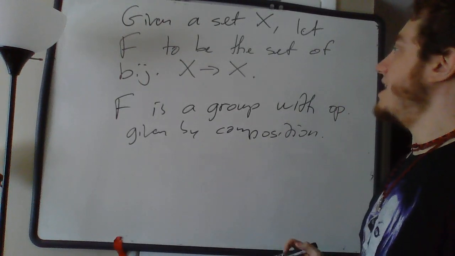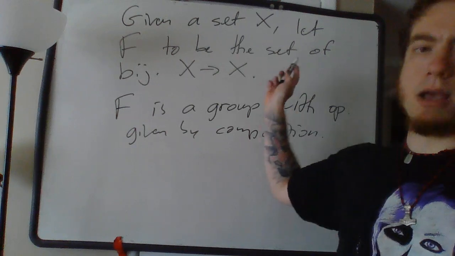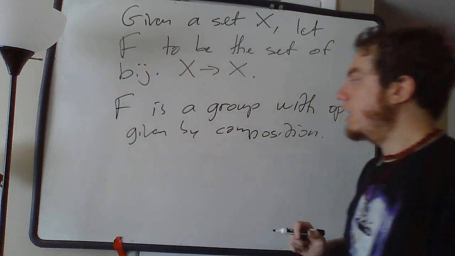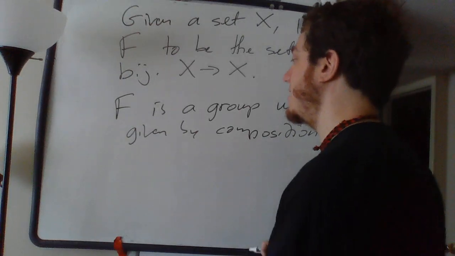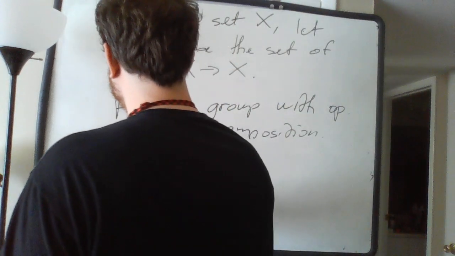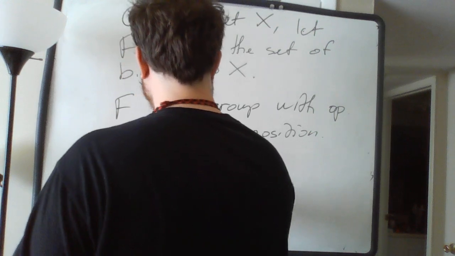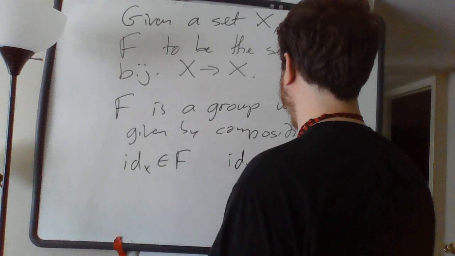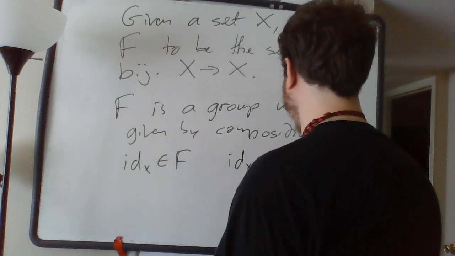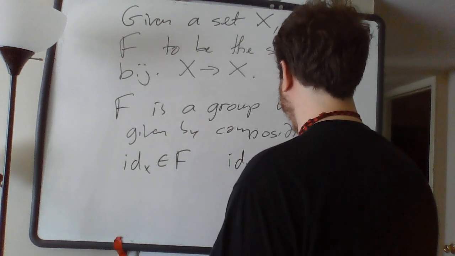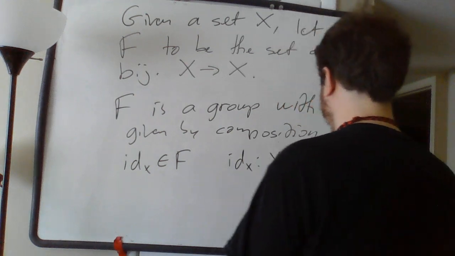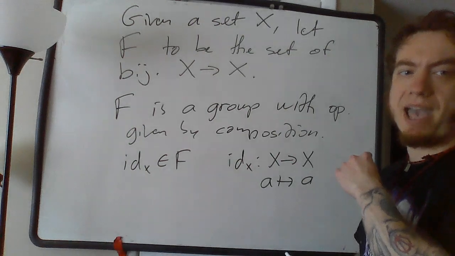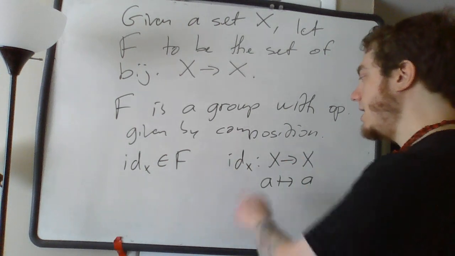And how can we see that that is the case? Well, let's think for a minute about how these functions in F behave. The first thing that we can notice is that the identity map is an element of F. Remember that the identity map takes X to itself and it just sends any element to itself. It's the identity function because whatever you give it, it gives you right back, identical to whatever you gave it.